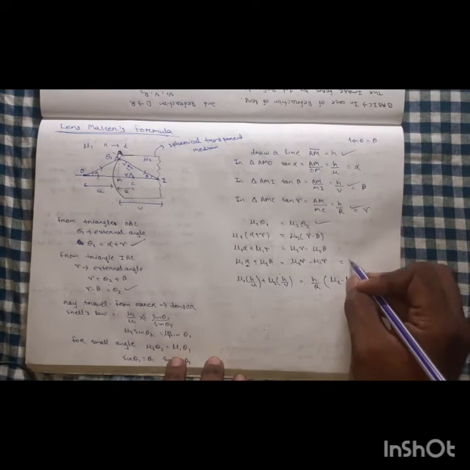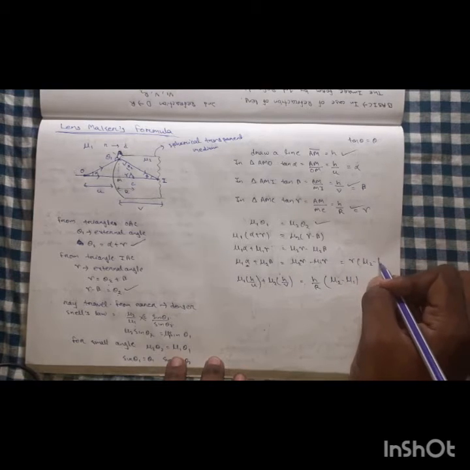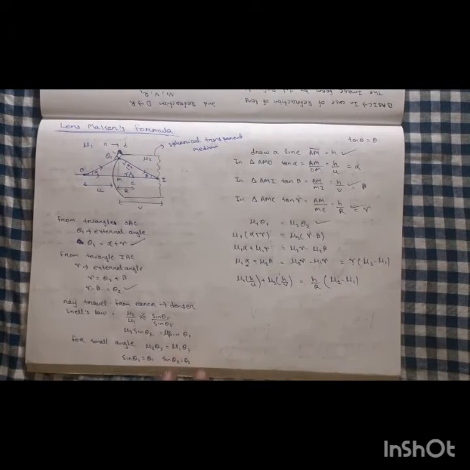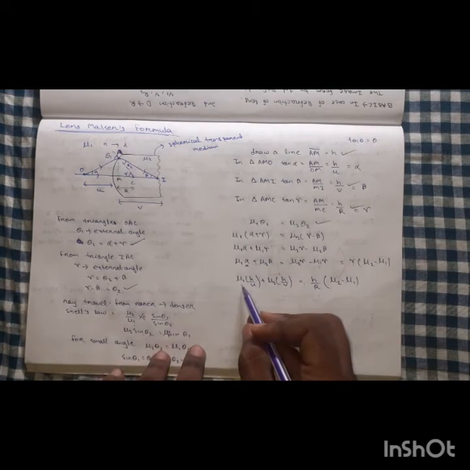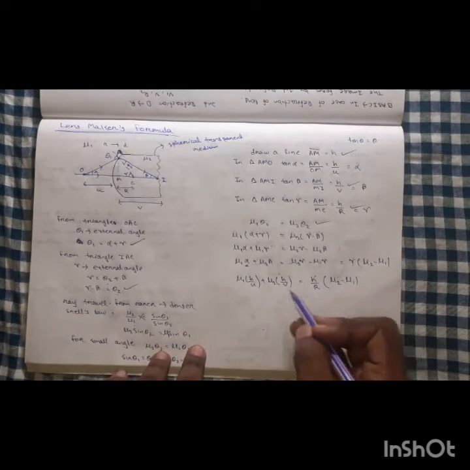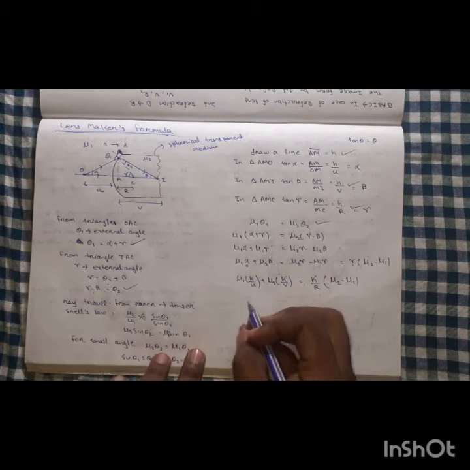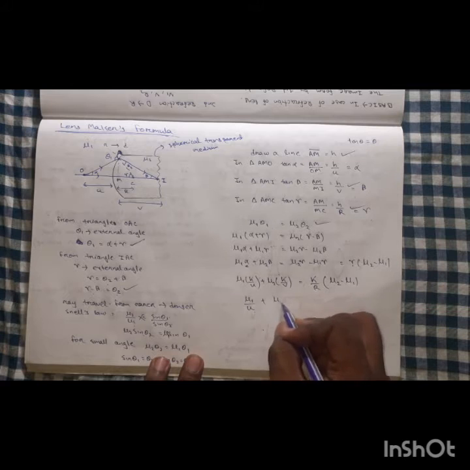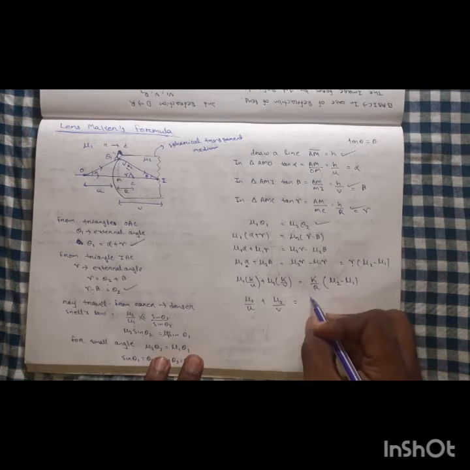Yes or no? I can write this way. In the place of gamma, I can put h by r. Okay. All sides have h, so I can cancel h. Then mu 1 by u plus mu 2 by v, that equal to mu 2 minus mu 1 by r.